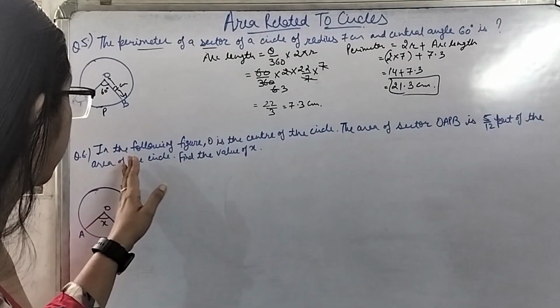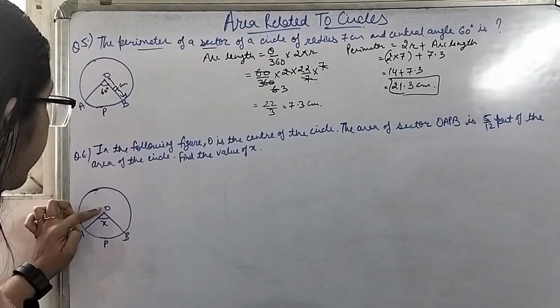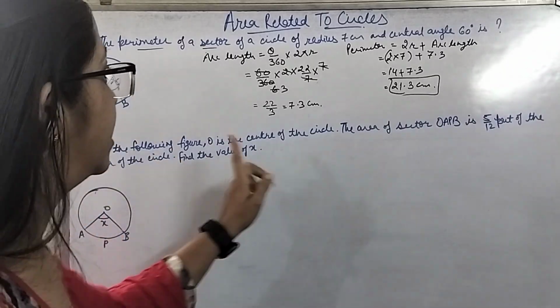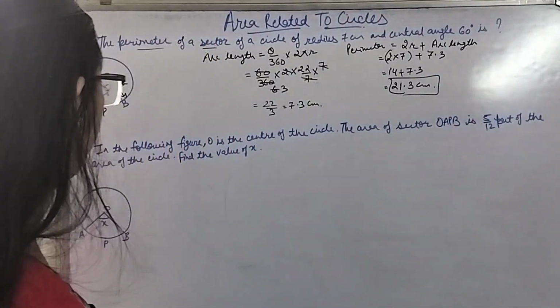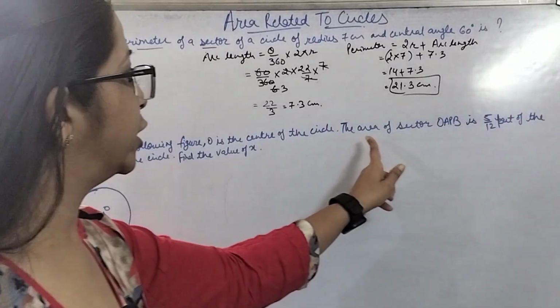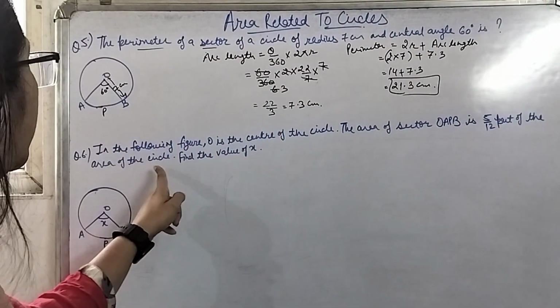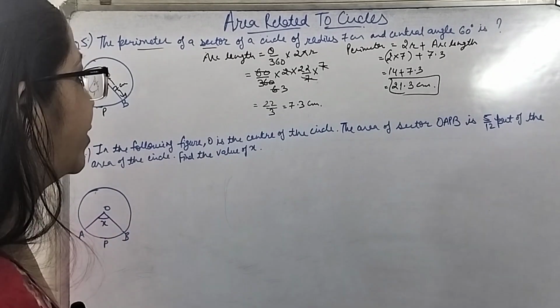Now the next question: in the following figure, O is the center of the circle. The area of the sector OAPB, APB, is given as 5 upon 12 part of the area of the circle. Find the value of x.